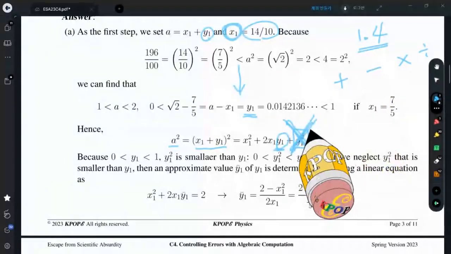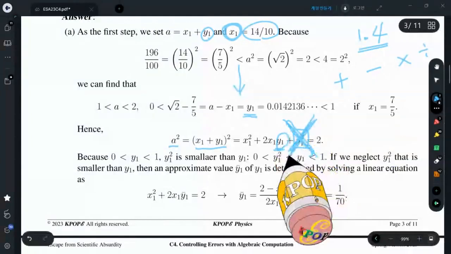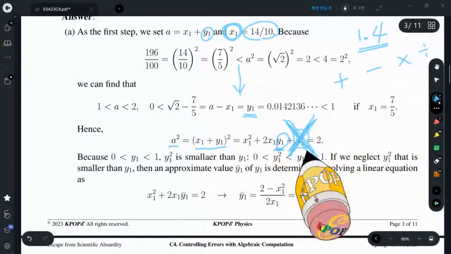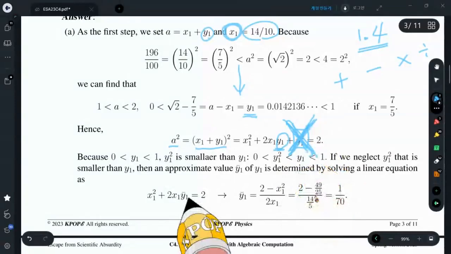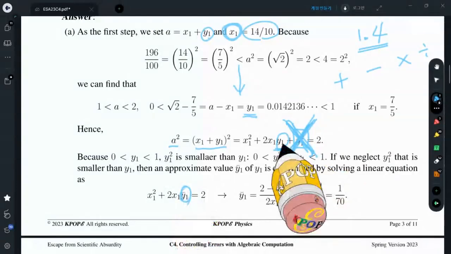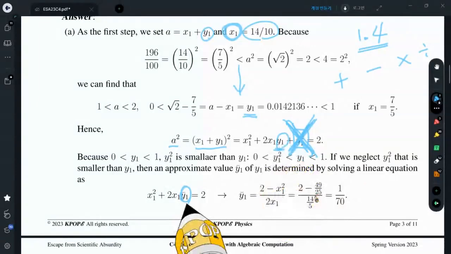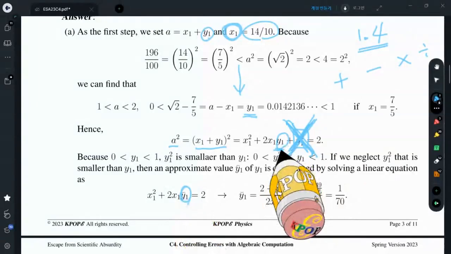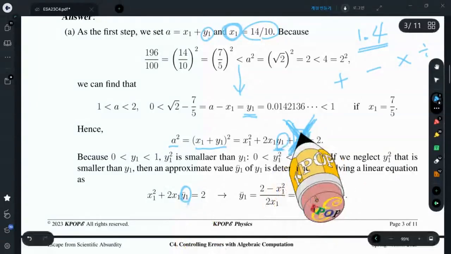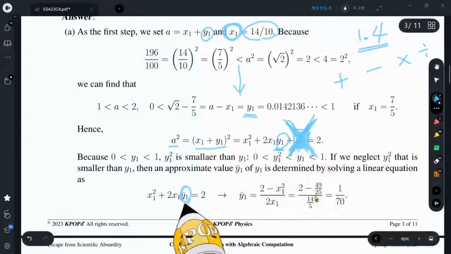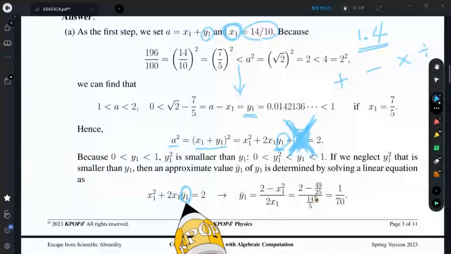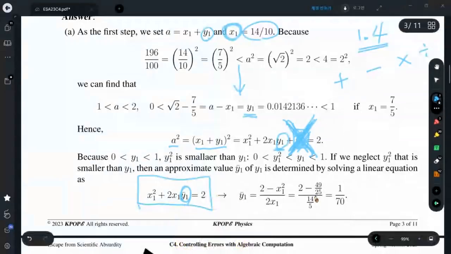As soon as we ignore this higher order term that is assumed to be small, then this error. Now I have renamed y1 as y1 bar because it is not exactly the same as the correct value because of the neglect of this term. So this approximate value of y1 is called y1 bar, and a middle school student can solve this.